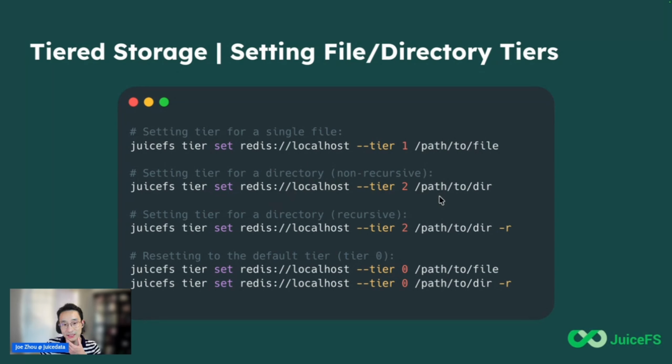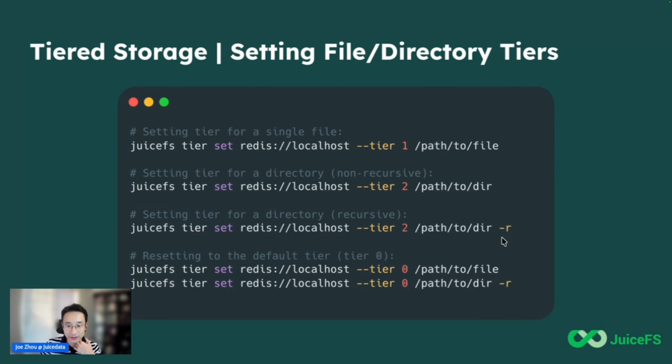So what this means is that anything already existing in the directory will stay the same. But once we set the tier of a directory to maybe a different storage class, then all the new files will inherit the new tier, right?